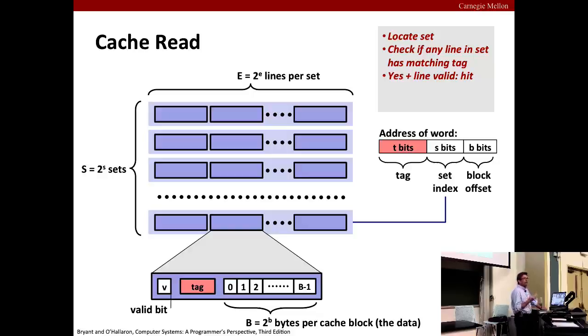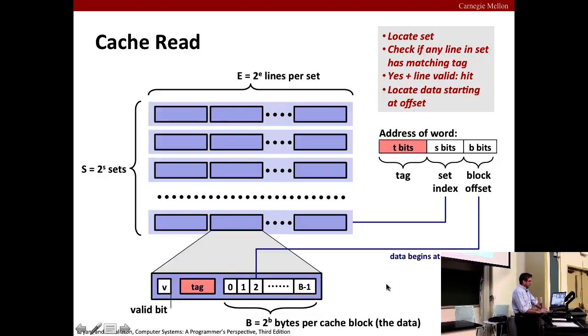Okay, then the block that we're looking for is contained in this set. Once we've identified the block, the cache uses the low order b bits to determine where the data we're interested in begins within that block.